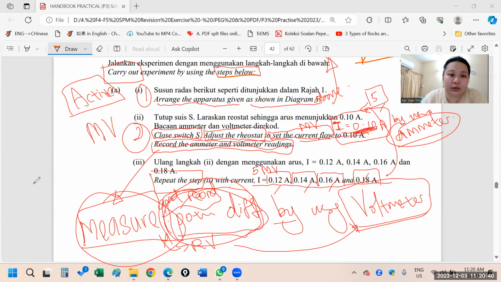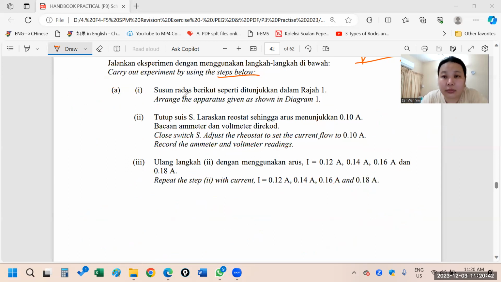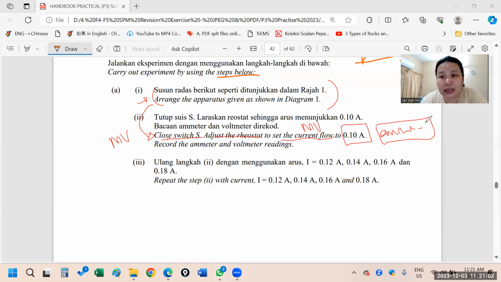If unguided, how do we count the marks? Number 1, arrange apparatus, no mark, but you must write. Then continue to here, MV. Adjust your MV with a number by using ammeter.